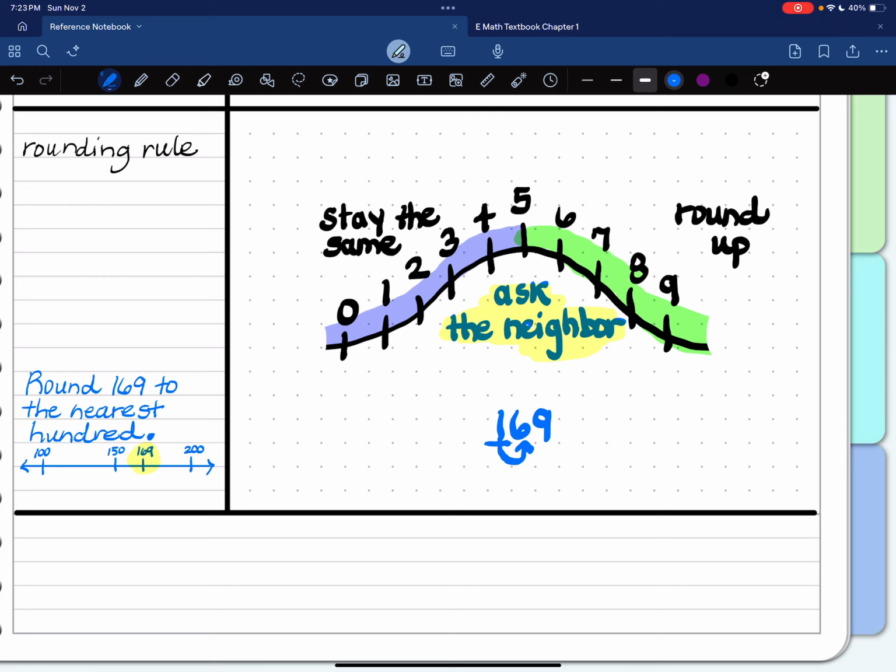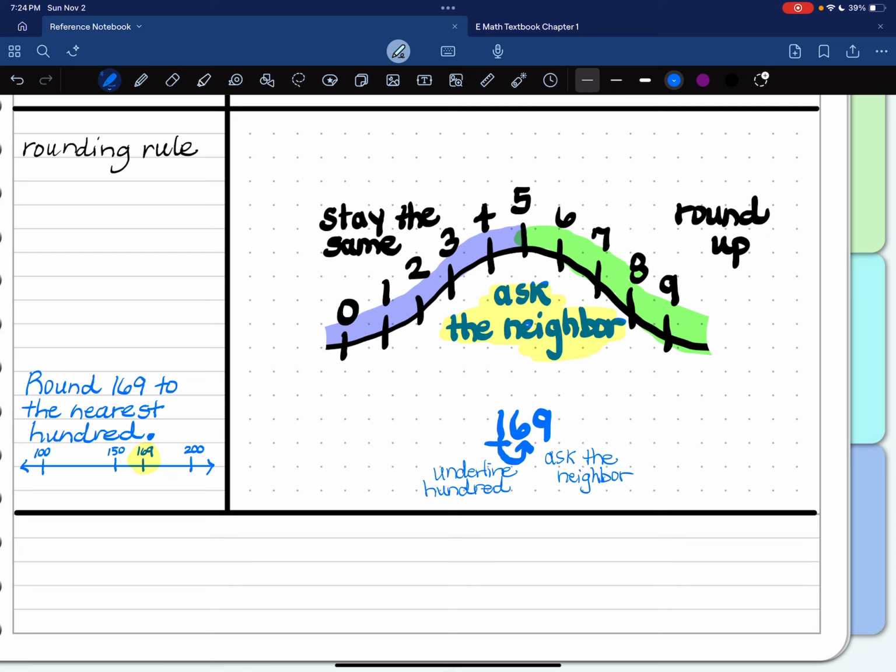Round to the nearest 100. I underline the hundreds place. Okay. And then you ask the neighbor. You look back to the place before the hundreds place. And that's the tens place. The 6 is in the tens place.